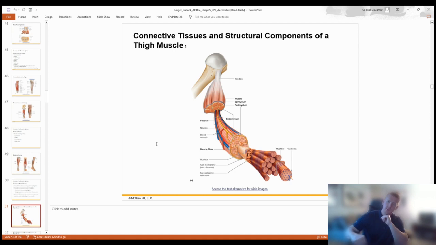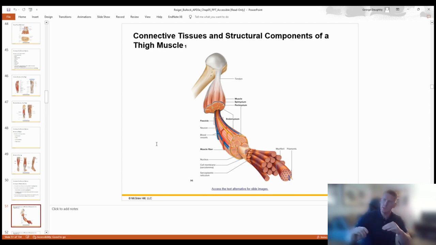The endomysium is where we get down to our microstructure, and that's where we have our sarcomeres and our functional units, which are our myofilaments. Our myofilaments and our sarcomeres are where actin and myosin are, and that's where actual contraction is taking place, or where it's starting.